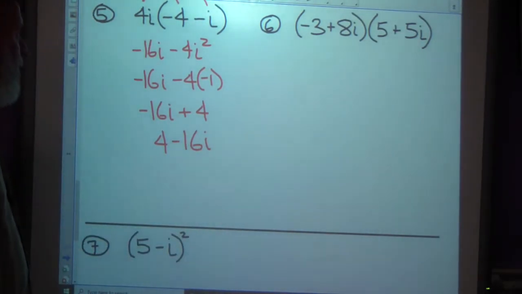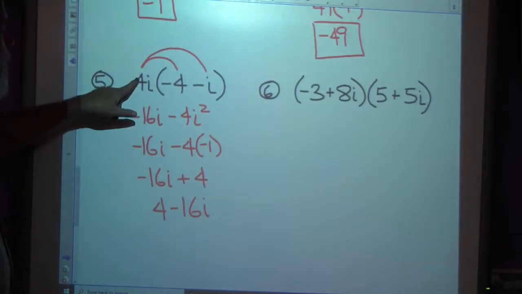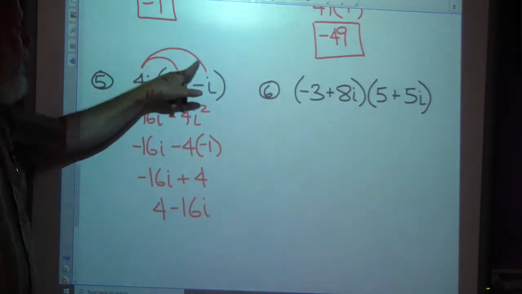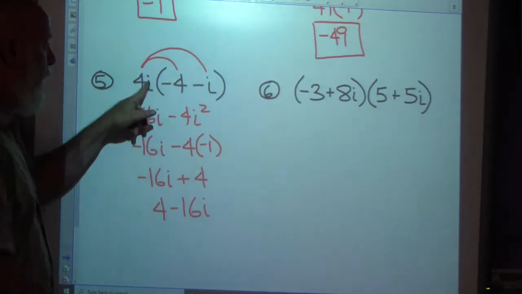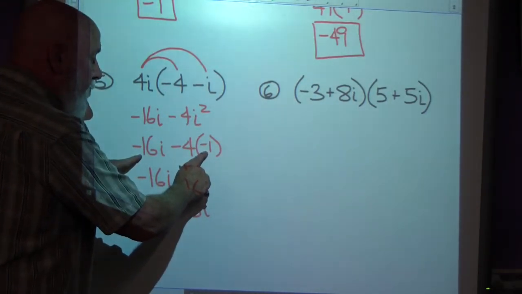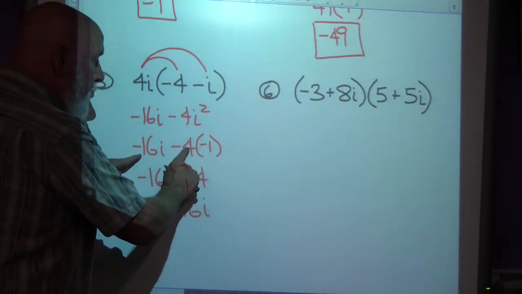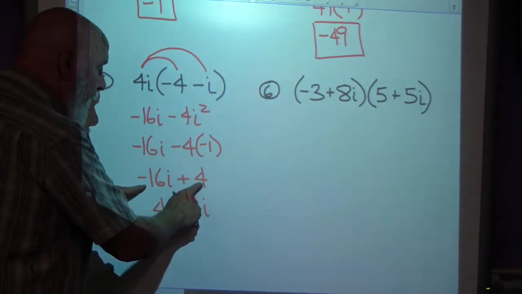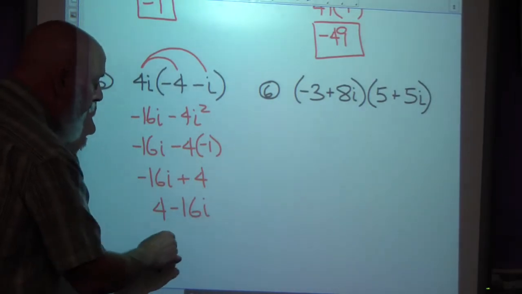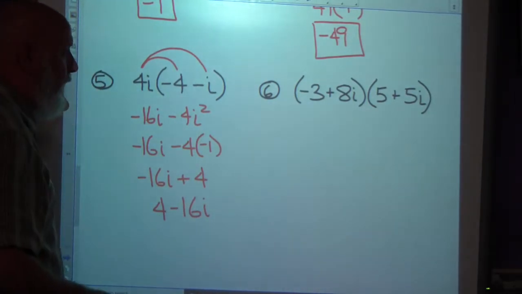Okay? So I multiplied by using the distributive property. That gave me negative 16i minus 4i squared, i times i. I squared is negative 1 by definition. And then I said, well, negative 4 times negative 1 is positive 4. And then I just switched them to put it in standard complex form, a plus bi. In this case, b is a negative 16.